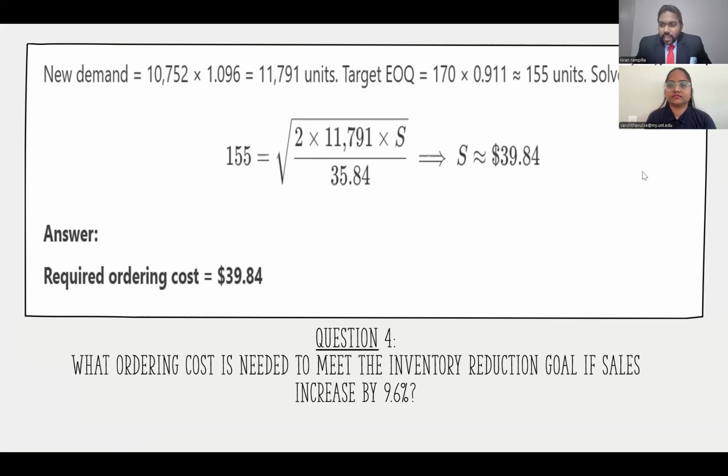Substituting the values in the formula, we get the required ordering cost of $39.84. So if we want to increase the sales by 9.6%, the new ordering cost must be $39.84. Going to the next question, I will carry it forward to our teammate Varshita.